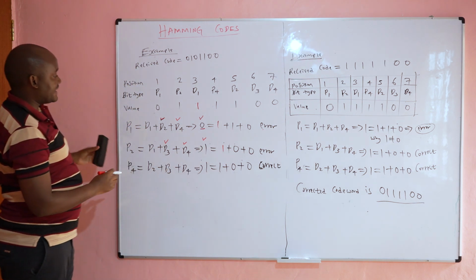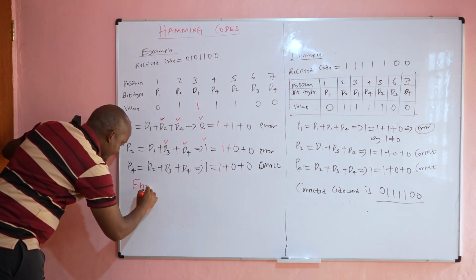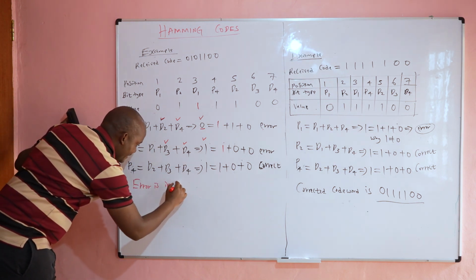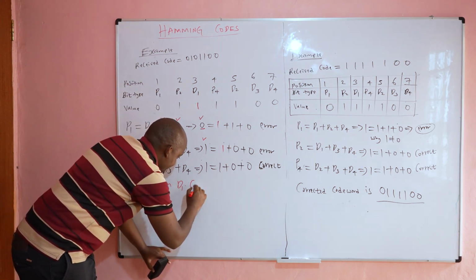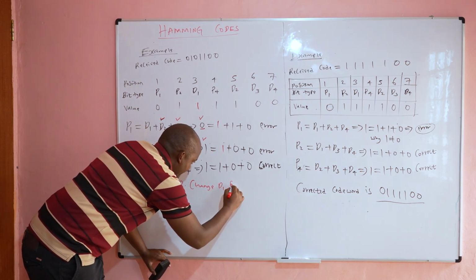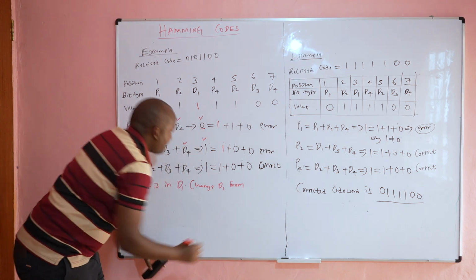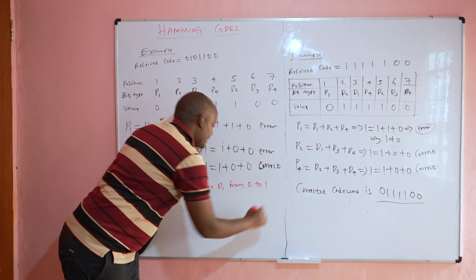So our error is in D1. So we change our D1 from 0 to 1.